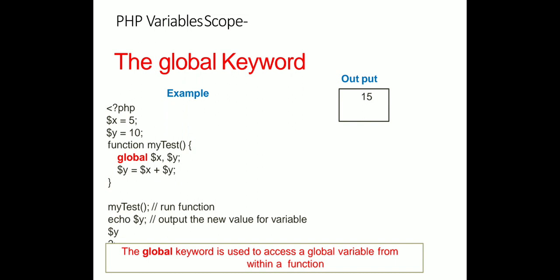Okay, so I will define the variables $x and $y, and then I am starting the function. Inside the function I want the values of x and y, which are globally declared, so I will use the keyword global $x and $y, and provide the next statement as $y equals $x plus $y.